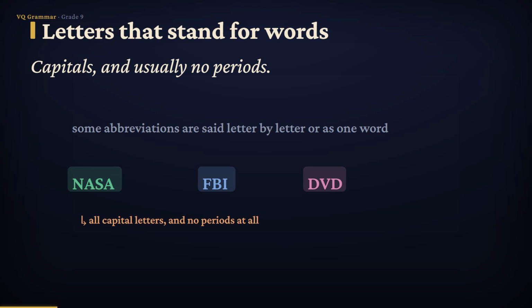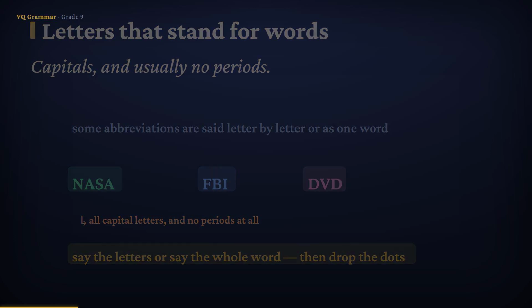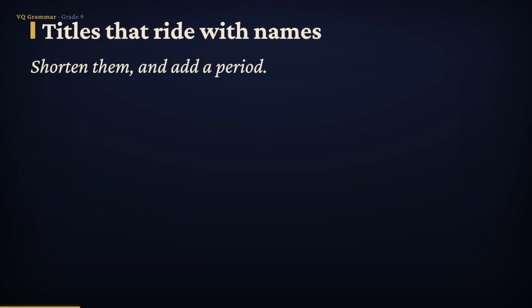Not N period, A period, S period, A period. Just NASA. Clean. So say the letters or say the whole word, then drop the periods. A couple of old exceptions, like U.S. and Washington, D.C., still keep their dots. But the modern habit is clear.